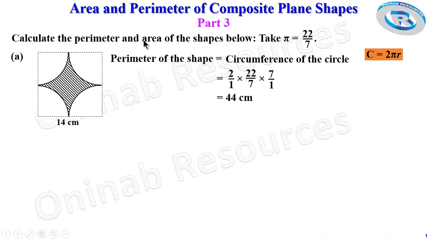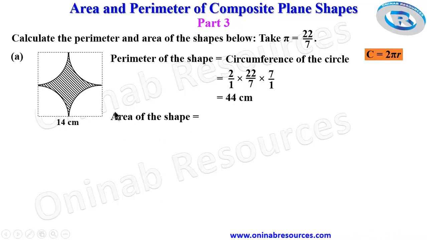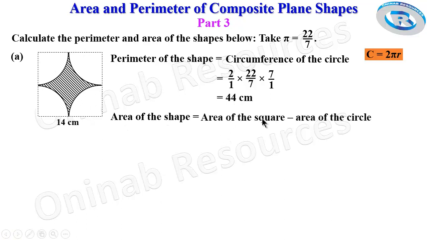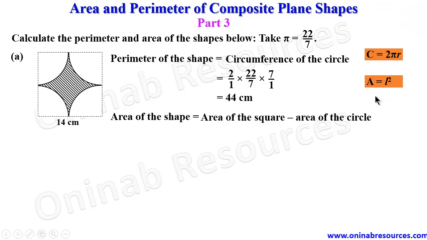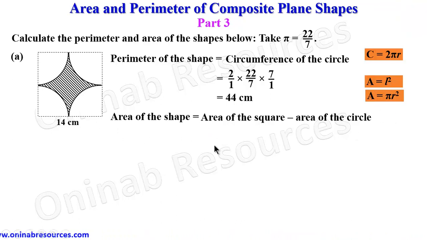We then go ahead to calculate the area of the shape. So the area of the shape is going to be the area of the square minus the area of the 4 quadrants, which form a circle. So we have the area of the square minus the area of the circle. The area of the square is L squared, and that of the circle is pi r squared. So our L is 14.